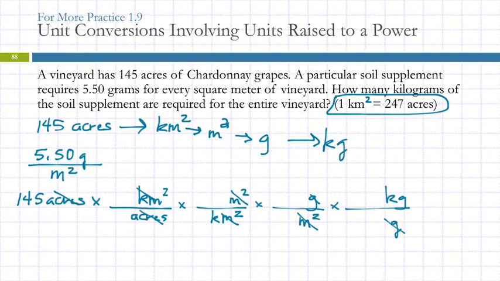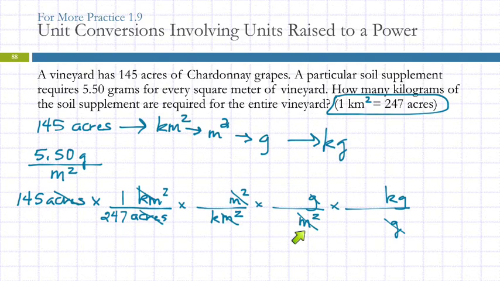I like to do the easy ones first. This one was handed to me. They just told me 1 square kilometer equals 247 acres. Okay, so 1 square kilometer, 247 acres. Got that one out of the way. This one looks kind of icky. I want to skip that one. Grams and square meters.